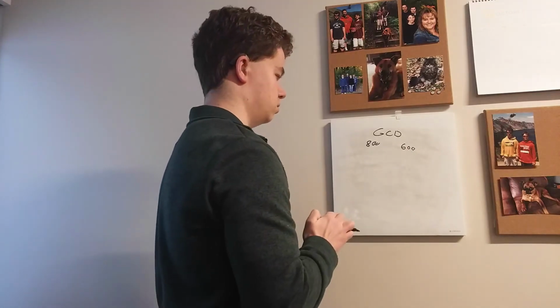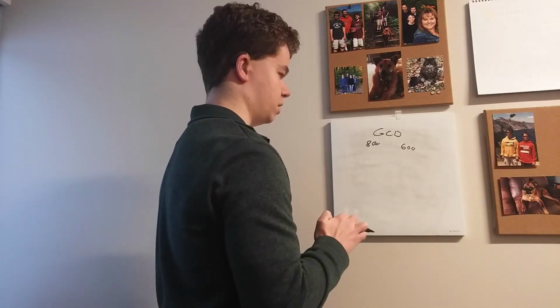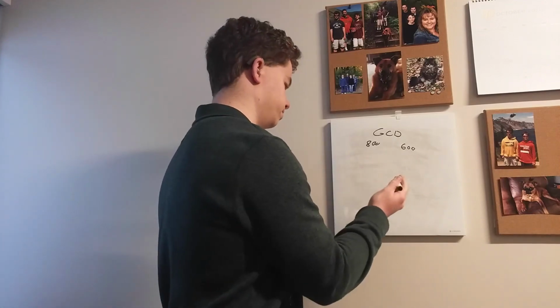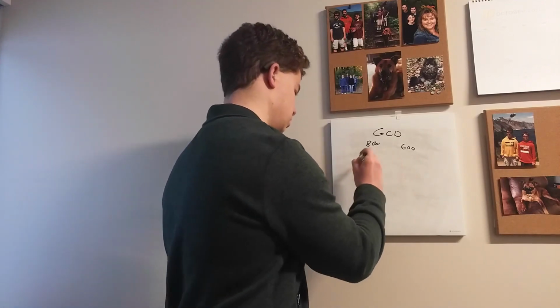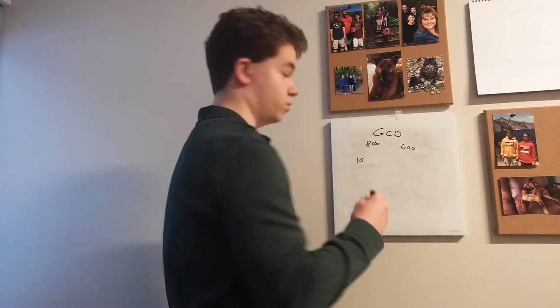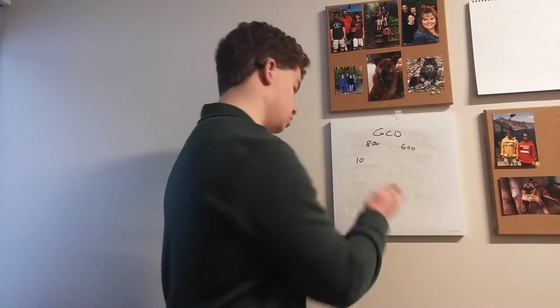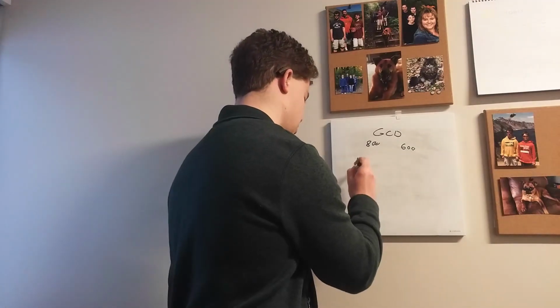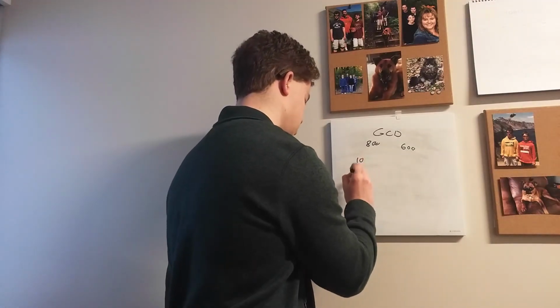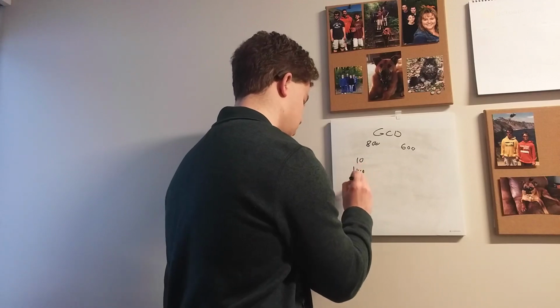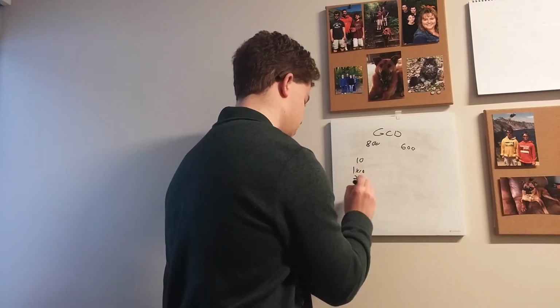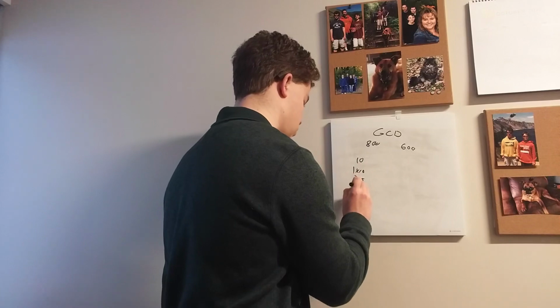Let's see here. You basically factor it, and what you're doing is that you know that if you just say you have the number 10, there are several ways you can multiply numbers to get 10. You can say 1 times 10, 2 times 5, 5 times 2, and 10 times 1.